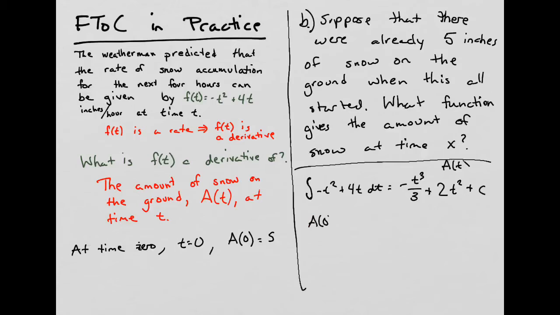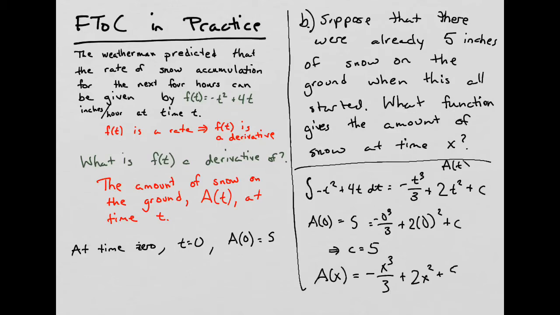So A of 0 is equal to 5, which is equal to negative 0 cubed over 3 plus 2 times 0 squared plus c, which gives us that c is equal to 5. All right, so our function that gives the amount of snow on the ground when it starts with 5 inches is going to be this antiderivative with c equal to 5. So we have negative x cubed over 3 plus 2x squared plus 5.